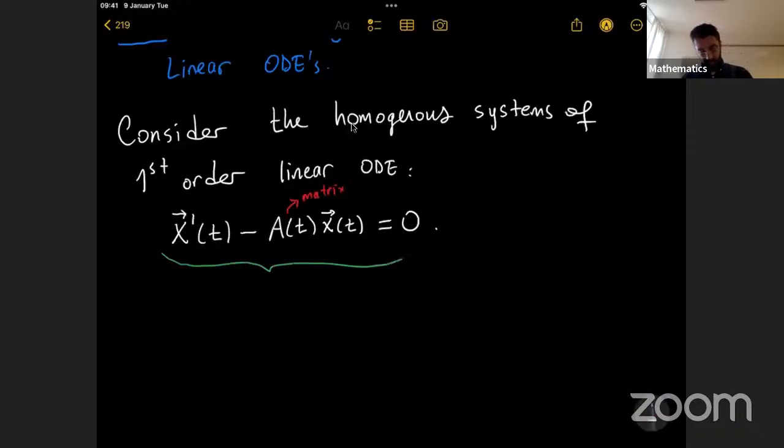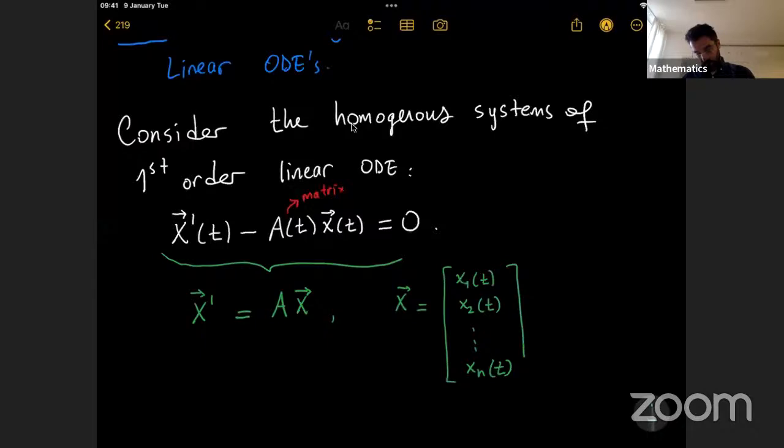Usually we write it like this: x' is equal to A times x. So we understand from here that A is a matrix with functional entries, and x is a vector function: x1(t), x2(t), up to xn(t).